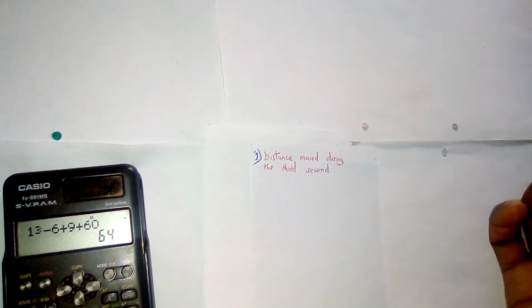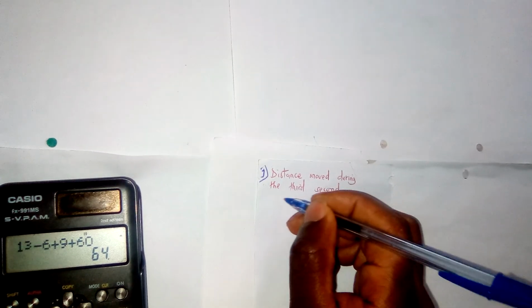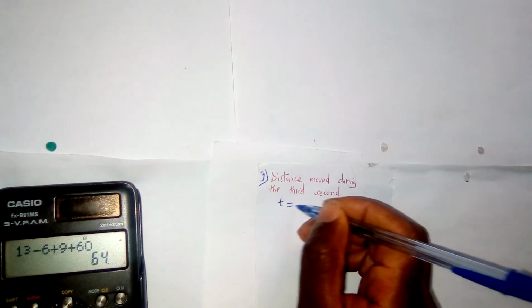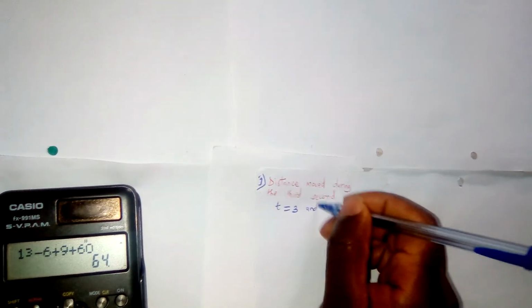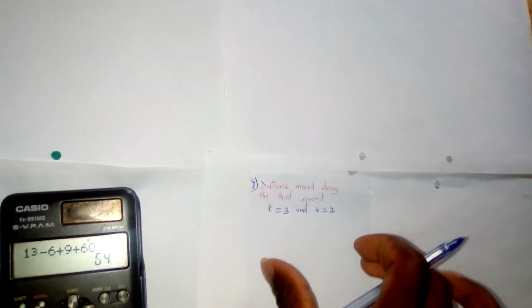For a particle to move during the third second, that means it will move from second 2 to 3, and therefore we shall compare the distance when t is equals to 3 minus when t is equals to 2, so that we can get the distance in between, and that shall be the result there. And therefore we shall concentrate when t is equals to 3 and when t is equals to 2, because it is moving from 2 to 3.